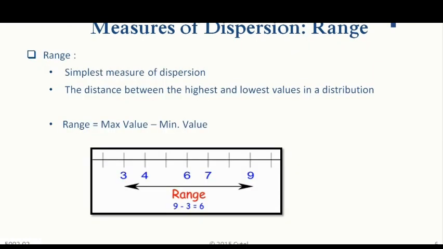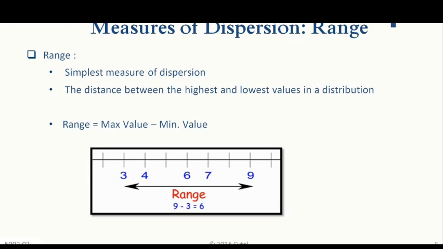Because there could be several data sets for which the mean is the same, but the spread in the data, that means the extent of the range the values or the response variable are going to take, could differ. So, one has to understand the extent of range or spread in the data values.